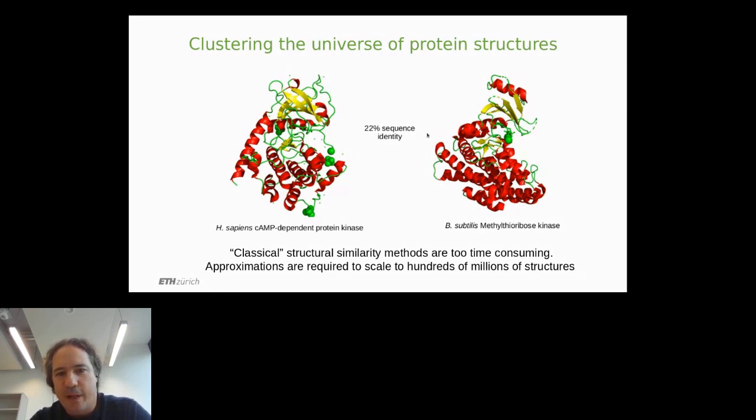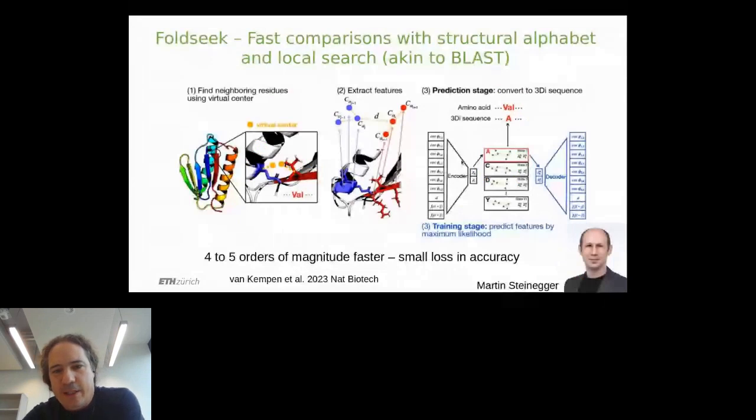However, if you wanted to compare structures, although there are fast methods, they are still not scalable to millions of comparisons, or even hundreds of millions of comparisons. This is where work by Martin Steinegger's lab comes in, and he's developed a really nice approach to encode protein structure information as an alphabet.